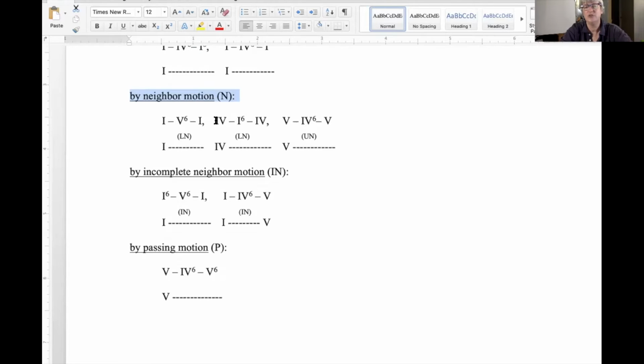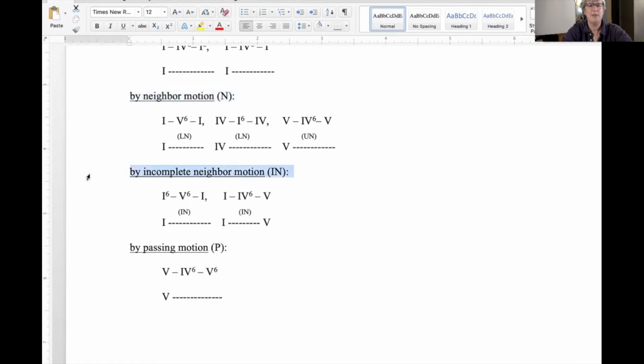We can do the same sort of thing prolonging 4. Fa, Mi, Fa, that's prolonging 4. We can also have a 5 chord prolonged through upper neighbor motion. Sol, La, Sol. That's, again, a prolongation of dominant.